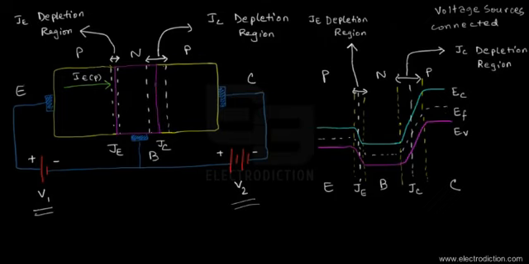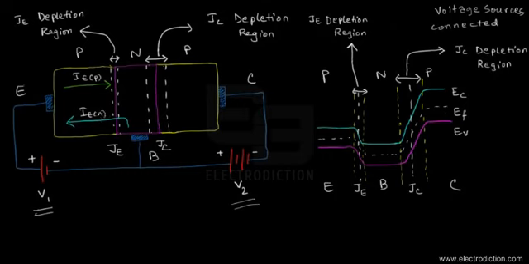And we'll also have another current component due to the electrons that will cross over from the base into the emitter section. It'll look something like this. Now we can call this one IEN. But there is a small mistake.